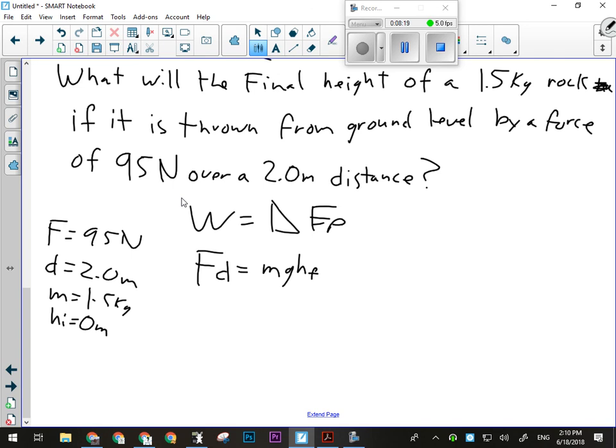So I'm being asked to solve for hf. What I want to do then is divide both sides by m times g. That'll leave me with hf. So I put in my numbers here: 95 times 2 meters divided by 1.5 times 9.81.